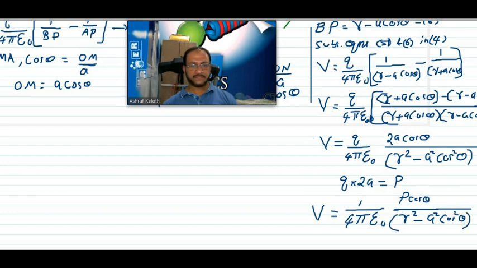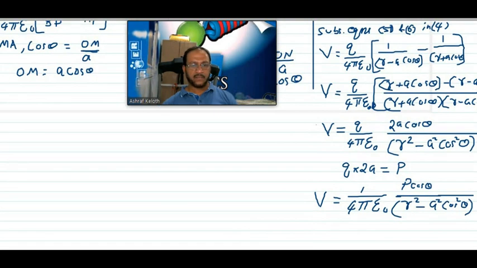Now, for an ideal dipole, what can we write? If a is very much less than r, it can be neglected. A square becomes still smaller, so a square cos square theta we can neglect.